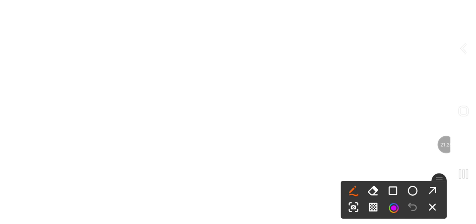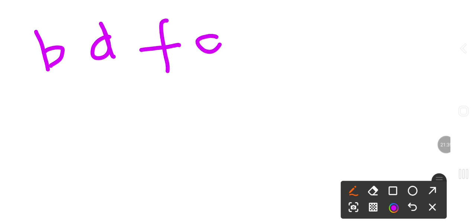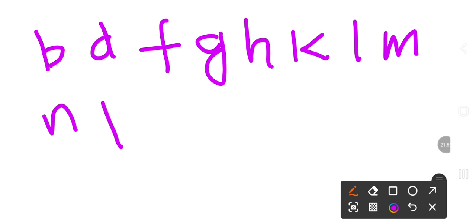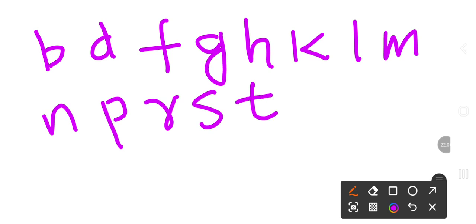A is vowel, then b is accepted, c cancelled, then d, a b c d, e is vowel, f g h, i is vowel, h i, j is cancelled, h i j, k l m n, o is vowel, k l m n o, p, q is cancelled, r s t, u is vowel, u, v, w, x and y are cancelled, and z.